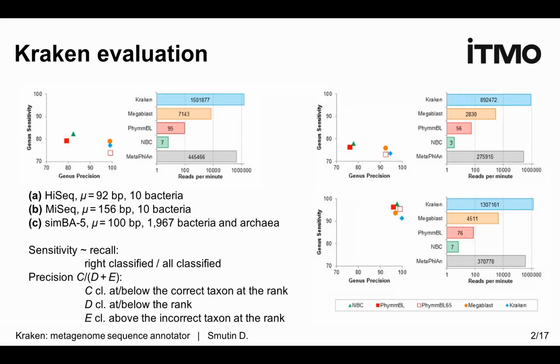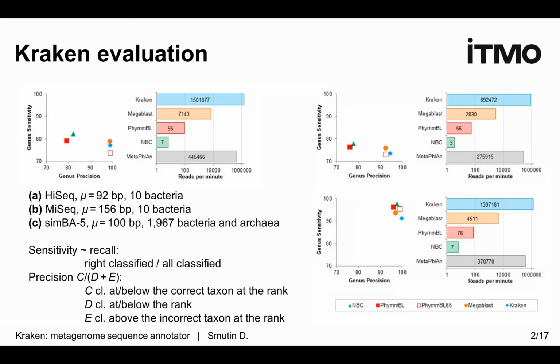I believe it is more than 10 billion used in the article to evaluate counts per minute. But as I have mentioned, just putting its database into memory is a really long process. And also, if you haven't enough space, it is much, much slower.